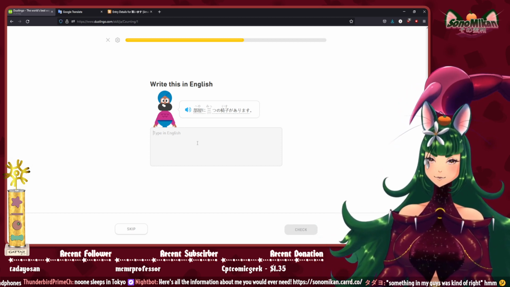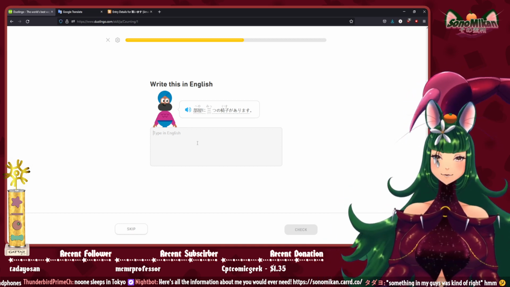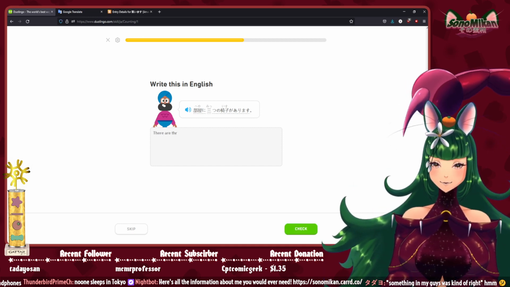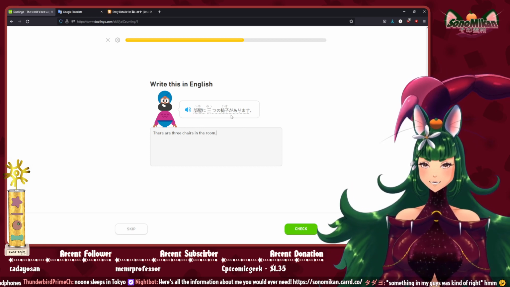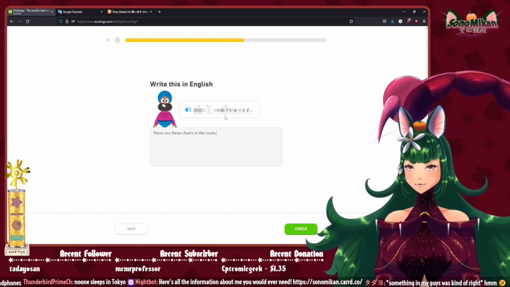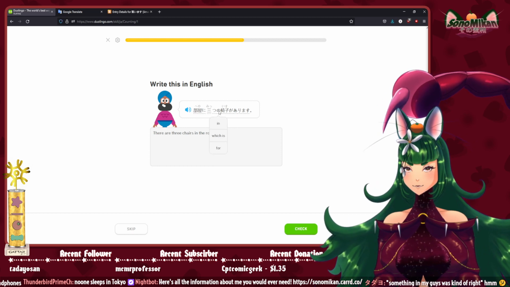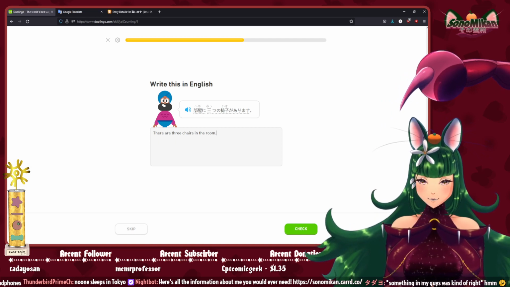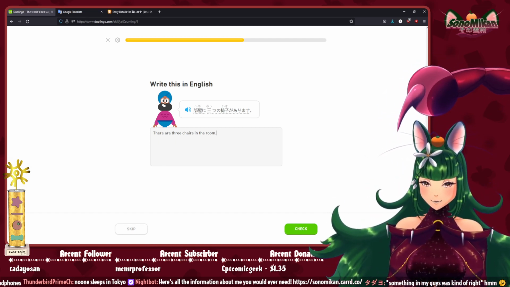So, 部屋に3つの椅子が... Okay. There are 3 chairs in the room. So, because we were talking about there are... Okay, so this is 3つの椅子. Now I'm going to look up no, because I'm a little bit curious about why it is structured that way.